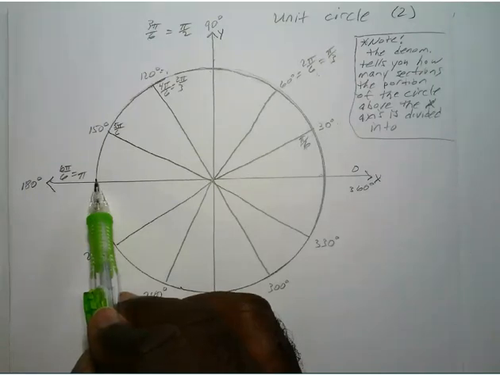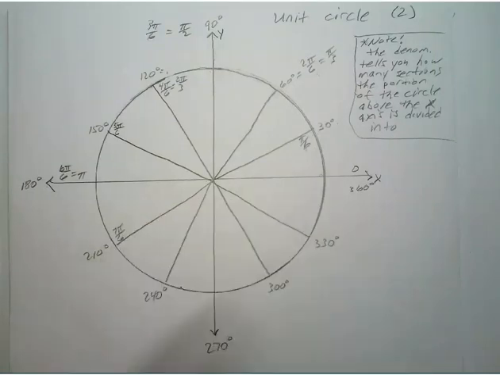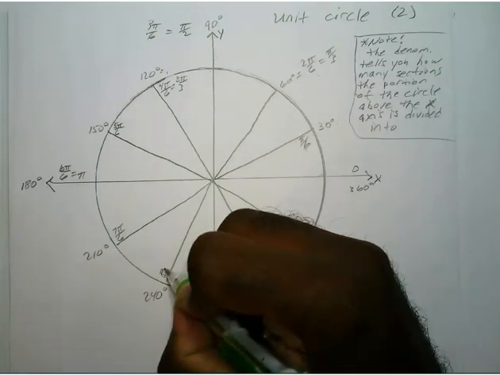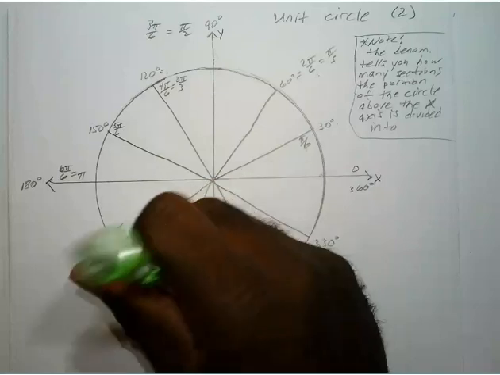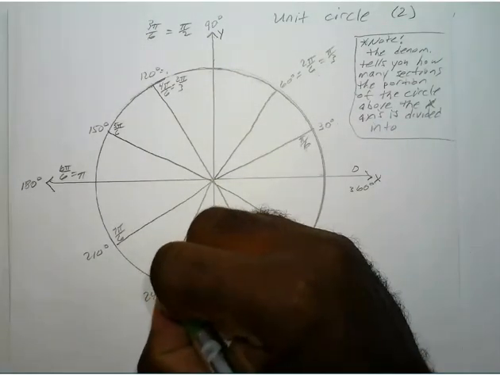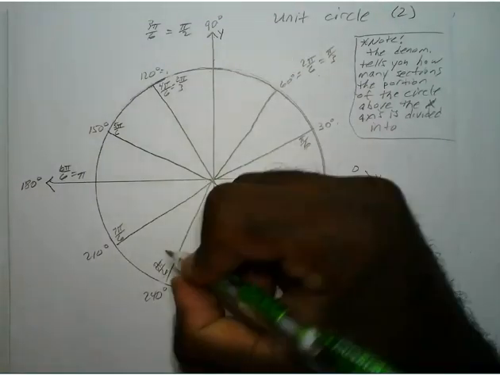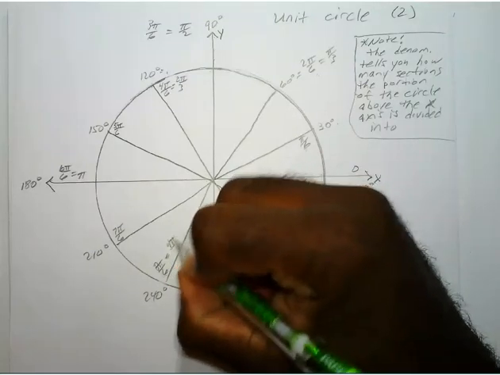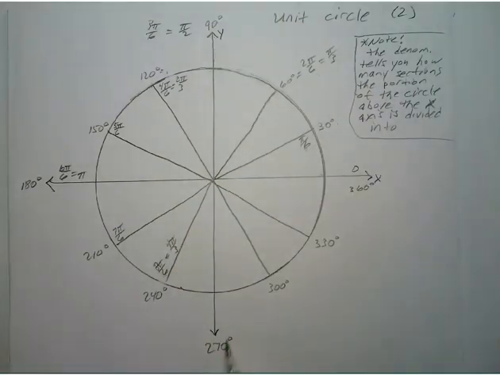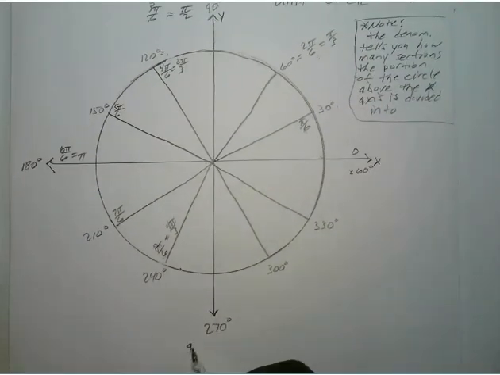Once you keep going, this becomes 7 pi over 6, then 8 pi over 6, which just becomes 4 pi over 3. We have 9 pi over 6, which is 3 pi over 2 once you simplify it.